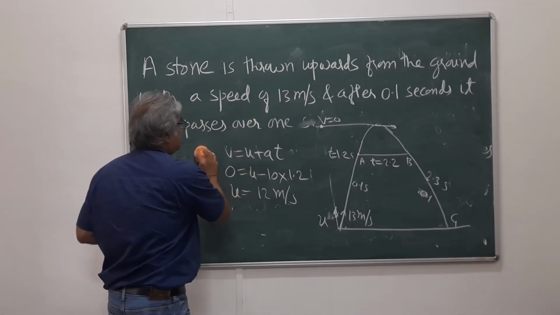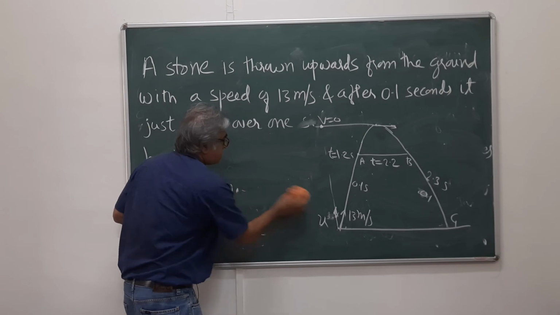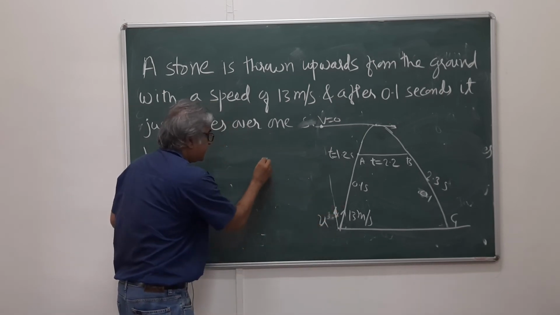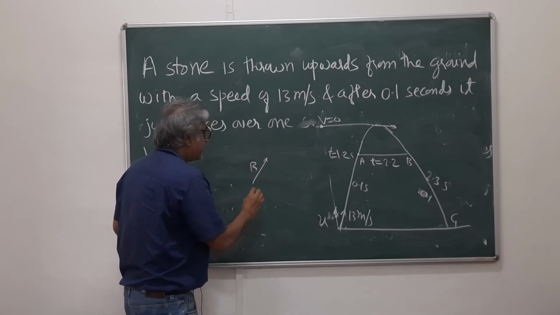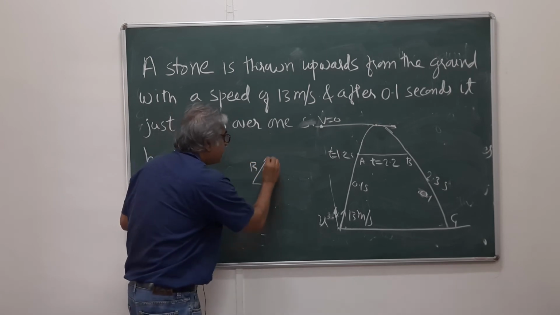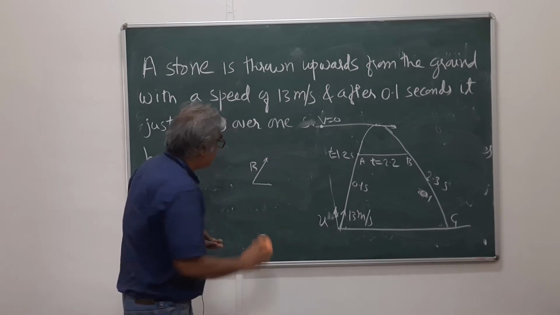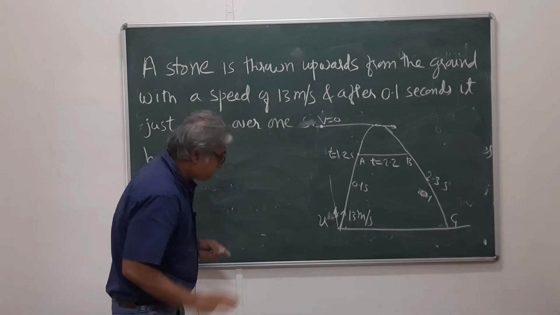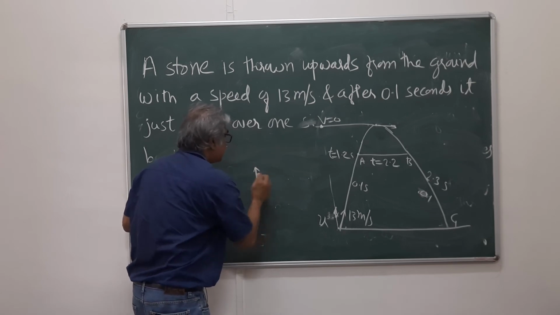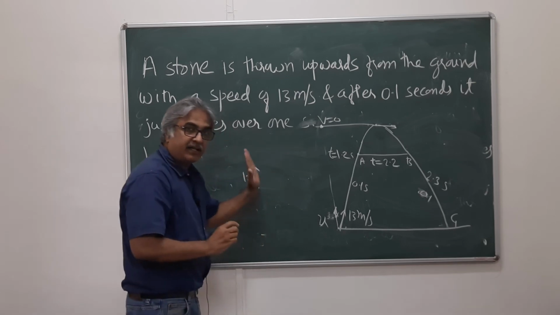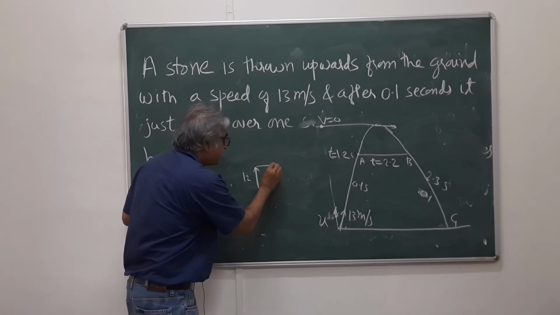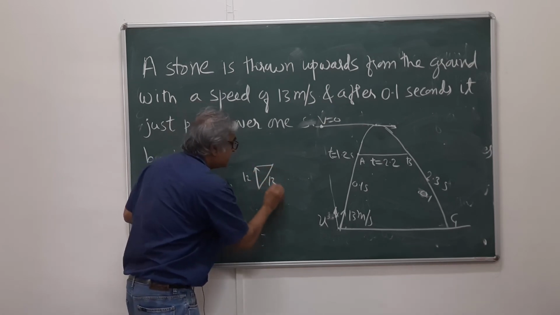We have to find out, please note, this is given as 13, right? And we want to find out this horizontal component and vertical component. This is 12, the vertical component of velocity, horizontal we have to find out, and total is 13.